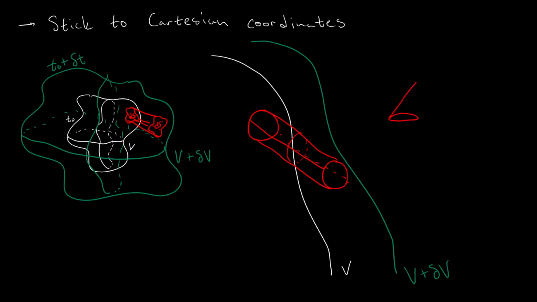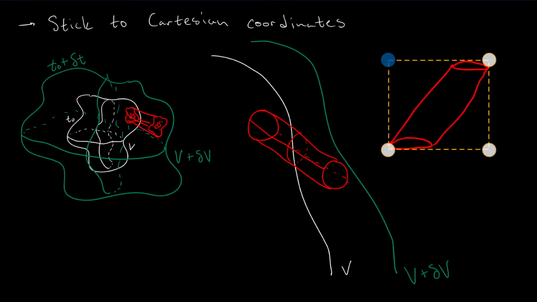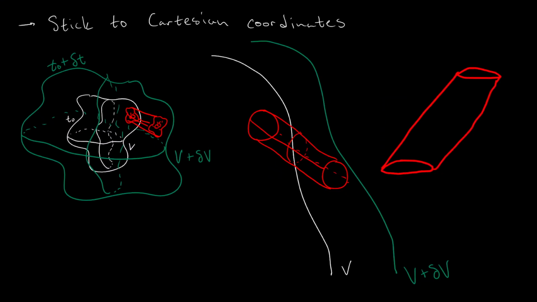It might be sheared in some weird way, whatever. We're going to get some shape which looks like this. I'm going to blow this up a bit. This is the shape that we care about.